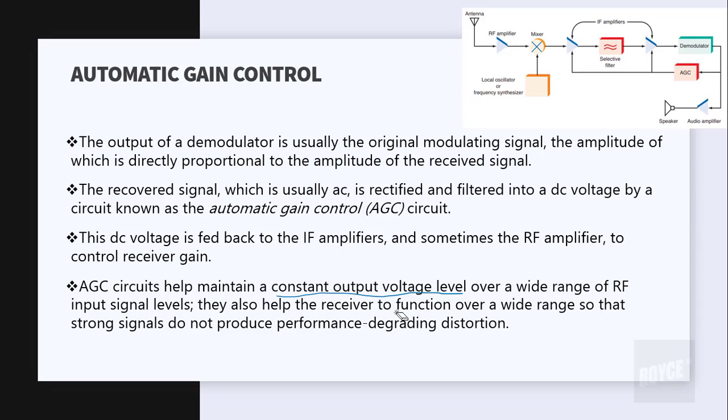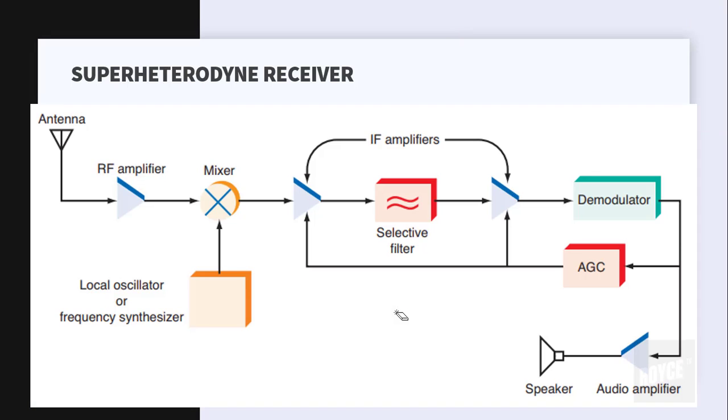Anong gagawin nun? Yung malaking signal lalong lalaki. Sobrang laki nun, baka ma-overdrive niya yung mga susunod na stages. So, magkakaroon ka ng distortion. Okay? So, that is our super heterodyne receiver.